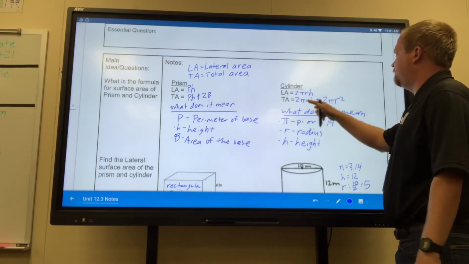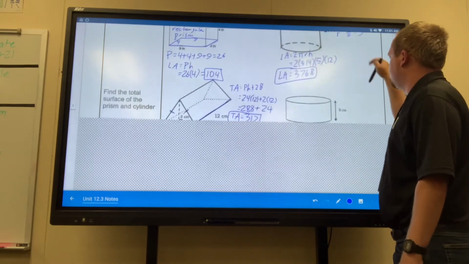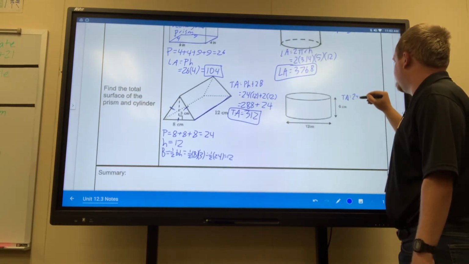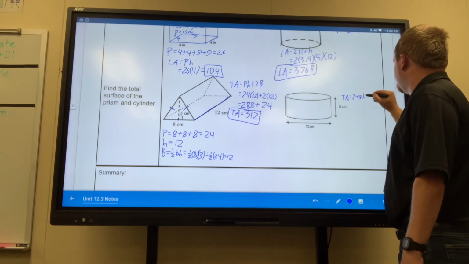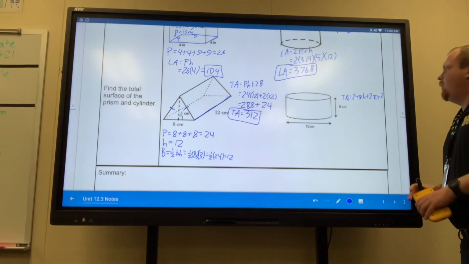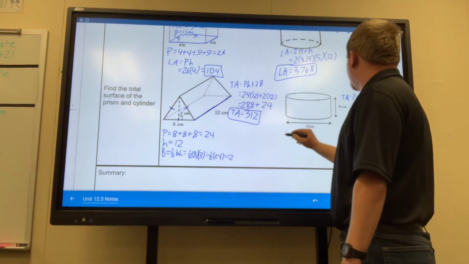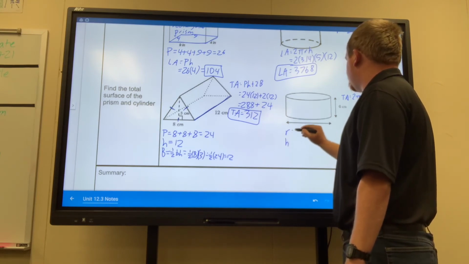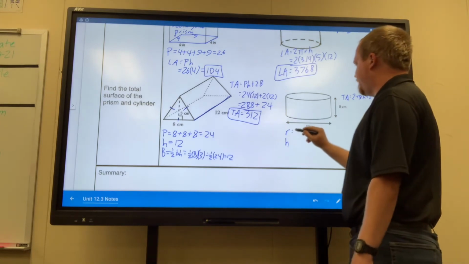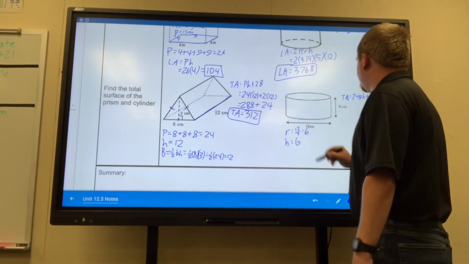So again, total is 2 pi r h plus 2 pi r squared. So really, we just have to know r and h. Again, we don't have the radius, but we know the diameter is 12, so half of 12 gives me 6. Height is 6.